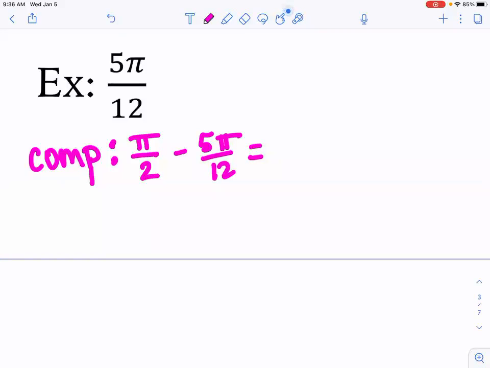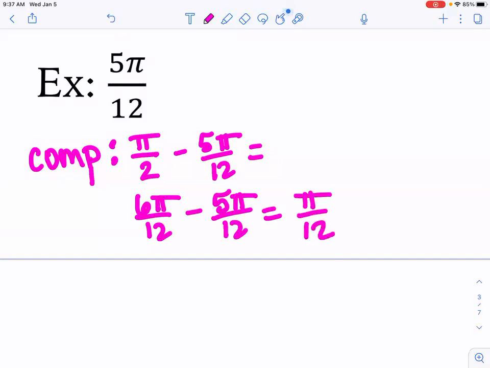Oh my gosh, we have to subtract fractions. Can we do it? Yes. How do we subtract fractions? We need common denominators. So I'm just going to change this to be 6 pi over 12. And now we can easily see that our complement is 1 pi over 12. Are you okay with that?